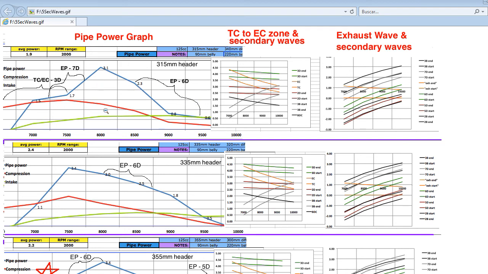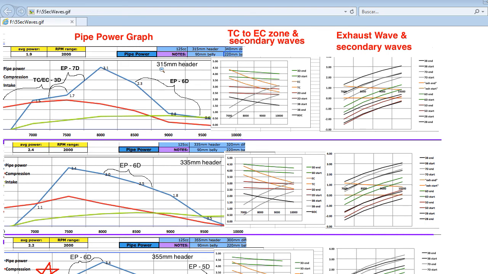So I was researching to find out where I should make these land, because these are controlled. Where these three diffuser waves land on the exhaust pulse is controlled by the header length. The longer the header, the longer these three are up on the graph.